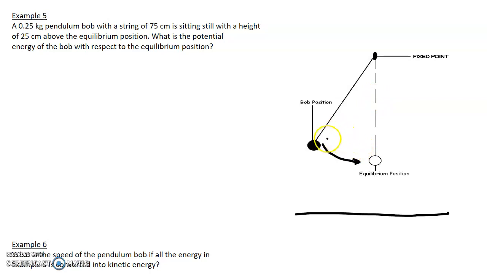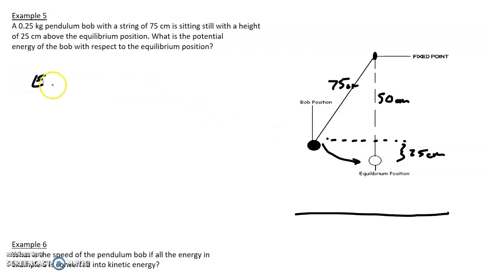And so this here is 25 centimeters above this equilibrium position. Now this is a 75 centimeter string, and again the string is just moving this way, which means that this distance here would be 50 centimeters. So the potential we're really doing is we're comparing it to here. This is our reference position.